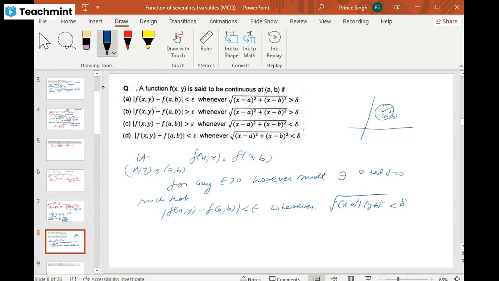So the correct answer is option D only. Basically here it should be y. In the option, on both sides it is written x only, but it should be y.